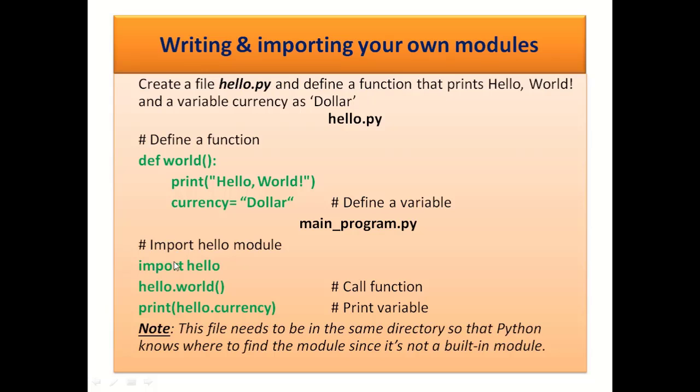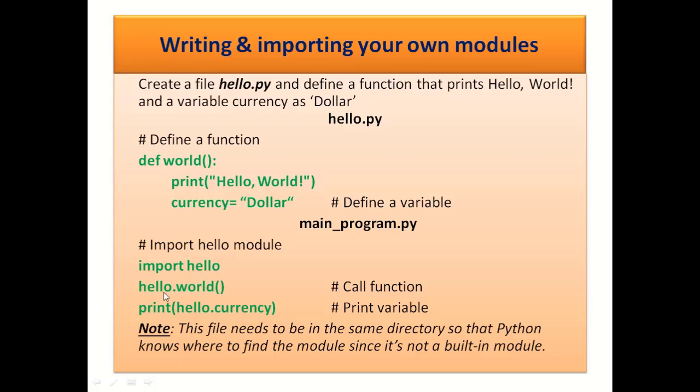Now first of all we use the import statement to import hello. Import hello. What will this do? It will import the definitions which are written within this file hello.py. Hello.world, we are directly using the dot notation, module name dot the function name. So hello.world will print hello world and currency is equal to dollar.